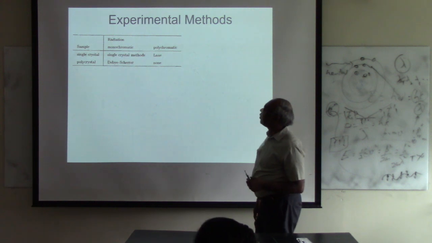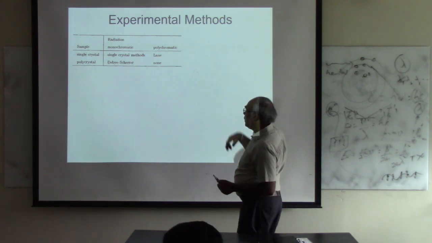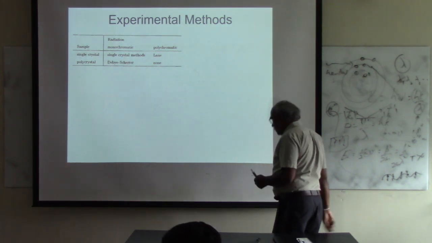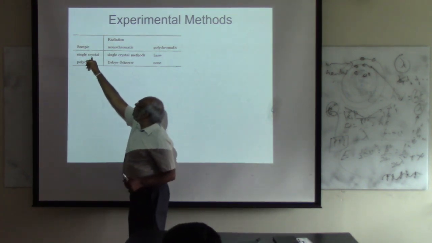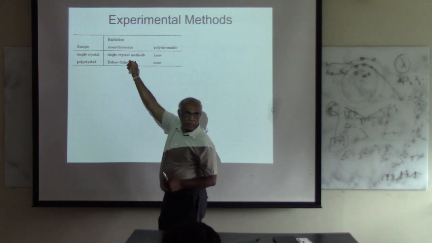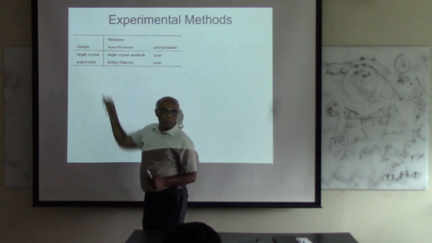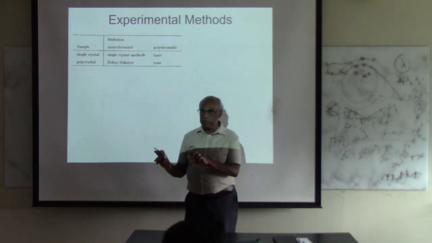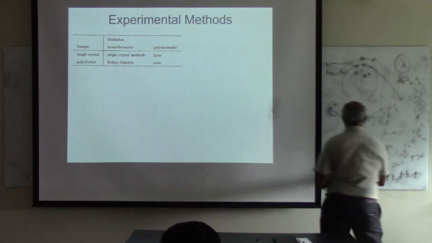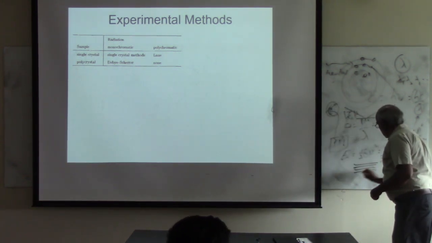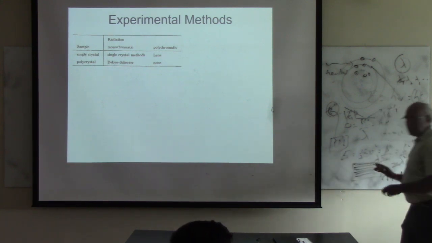So if you use monochromatic, there are two ways of looking at it. You can directly look at some single crystal materials, or we talk about single crystal versus polycrystals, right? If you have a single crystal, that means you have one particular crystal, right?